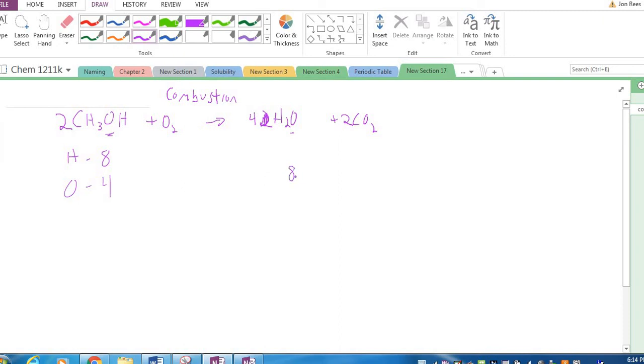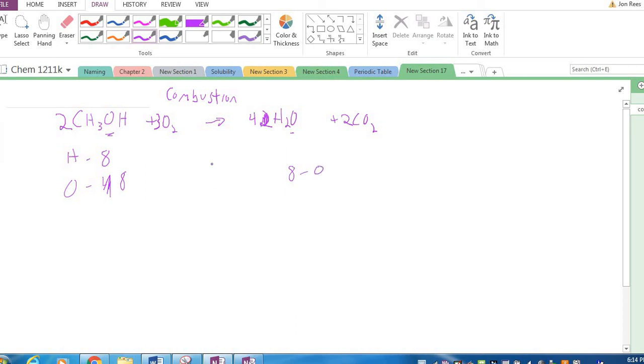Okay, it's 8 on this side. So how am I going to get those up? So if I put a 3 right there, that gives me 6, 7, 8. So now I have 8 oxygens. And on this other side I have got 4. I already said I've got 8 oxygens. So that's going to work out.